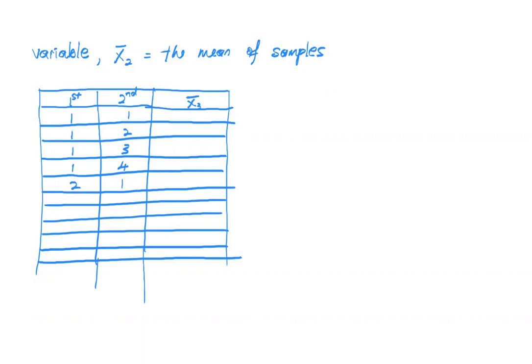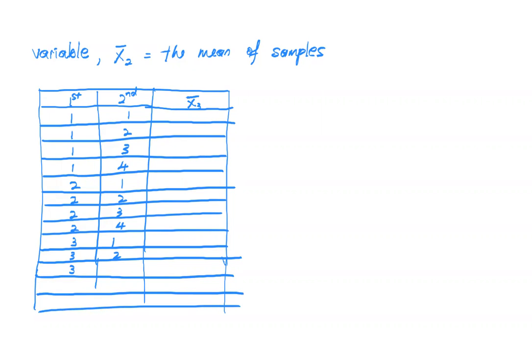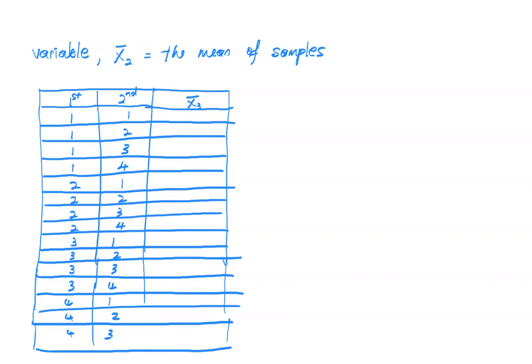2, 1, 2, 2, 2, 3, 2, 4, 3, 1, 3, 2, 3, 3, 3, 4, 4, 1, 4, 2, 4, 3, and the last one, 4, 4.